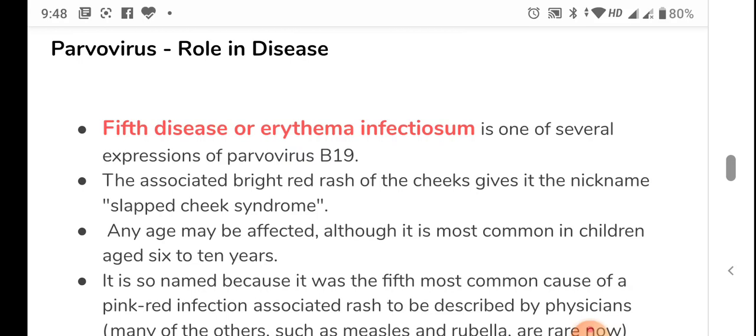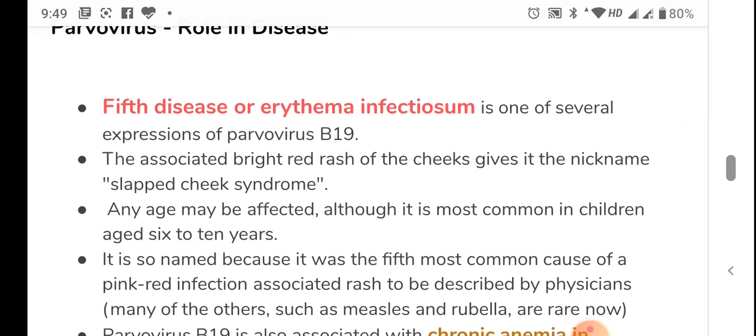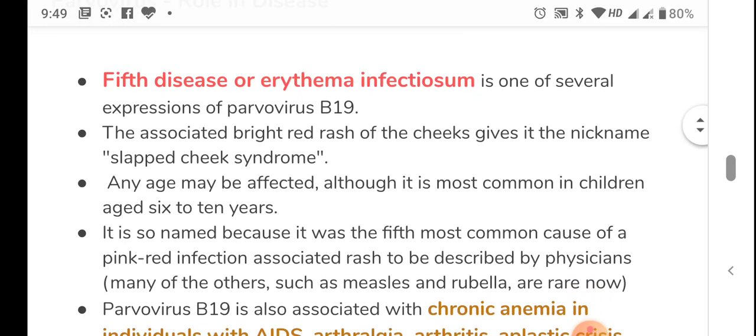And what is the main symptom? This is associated with a bright red rash on the cheeks. The rashes will be all over the body, but on the face it will be bright red in color on the cheeks, and it gives the disease the nickname slapped cheek syndrome. On the cheeks these rashes are bright red, so it appears like a slapped cheek.